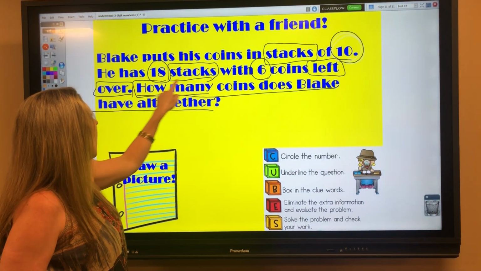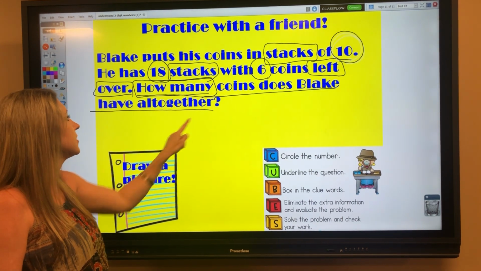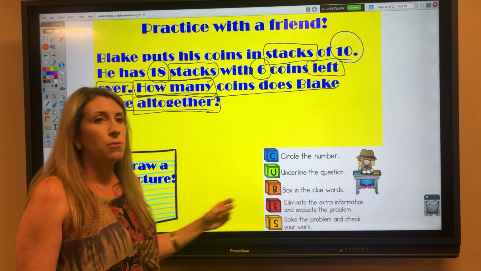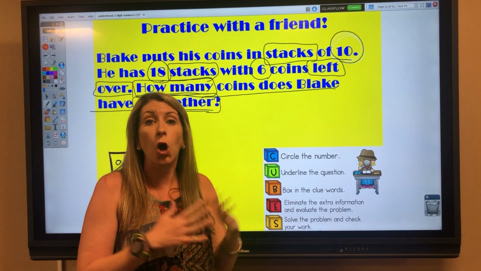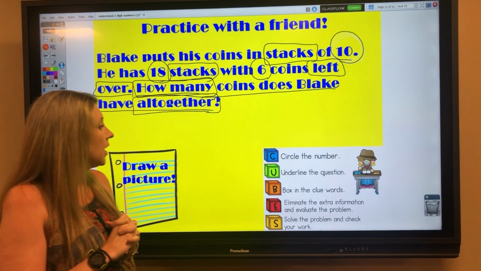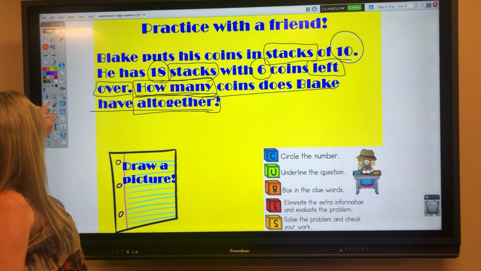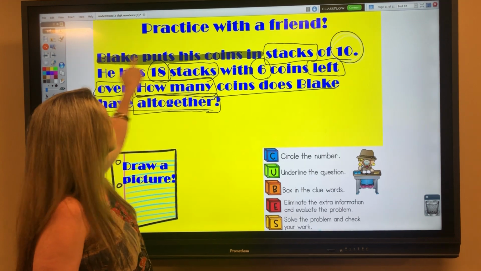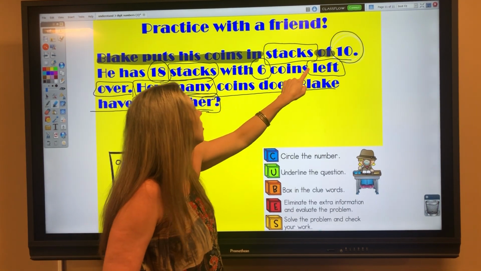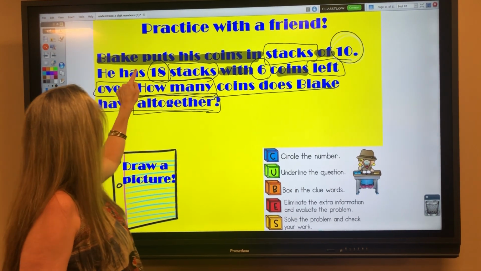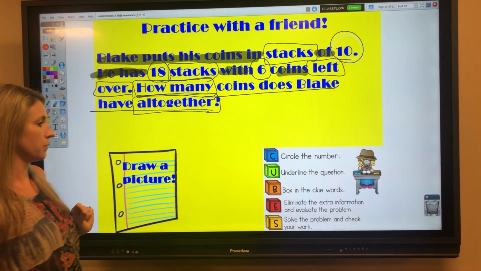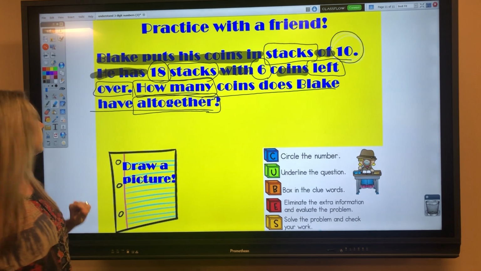And we want to know how many coins does he have altogether. So we know that altogether, we're trying to see how many in all. Now let's eliminate our extra information by crossing it out and only looking at our clue words. Now we're ready to solve it.